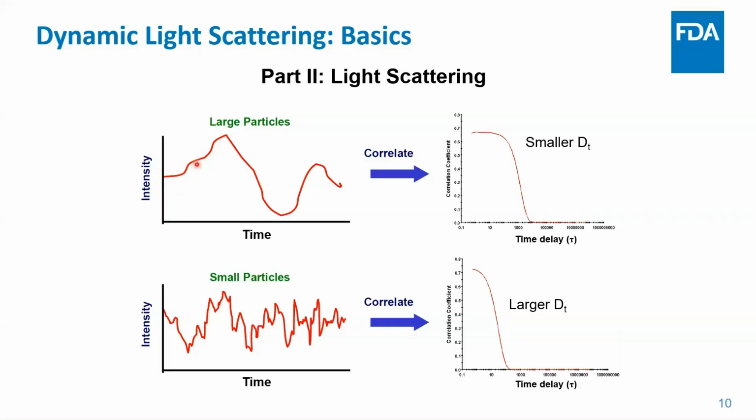When you have a large particle, large fluctuations of light intensity with time, it takes a longer time step for the initial and the phased signal to get out of phase. And so the correlation plot is shifted to the right to a later time delay. So for this, smaller diffusion coefficient means larger particle, means slower fluctuation.